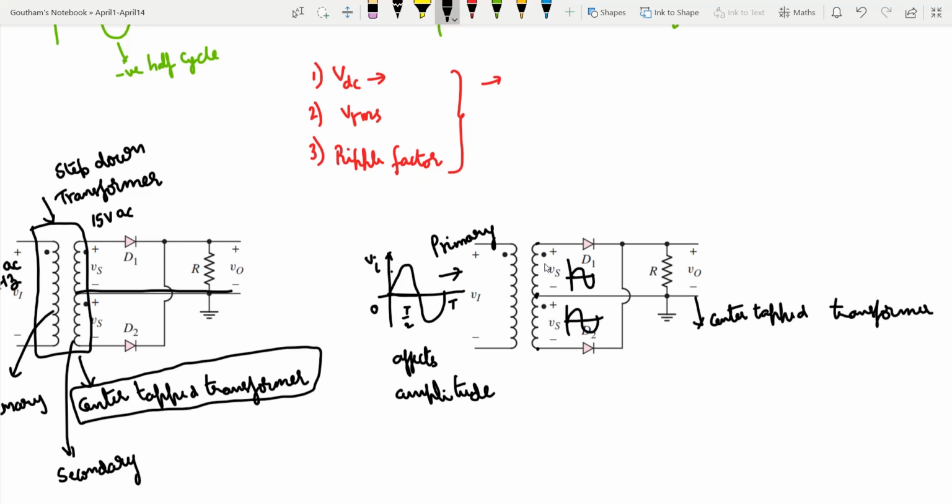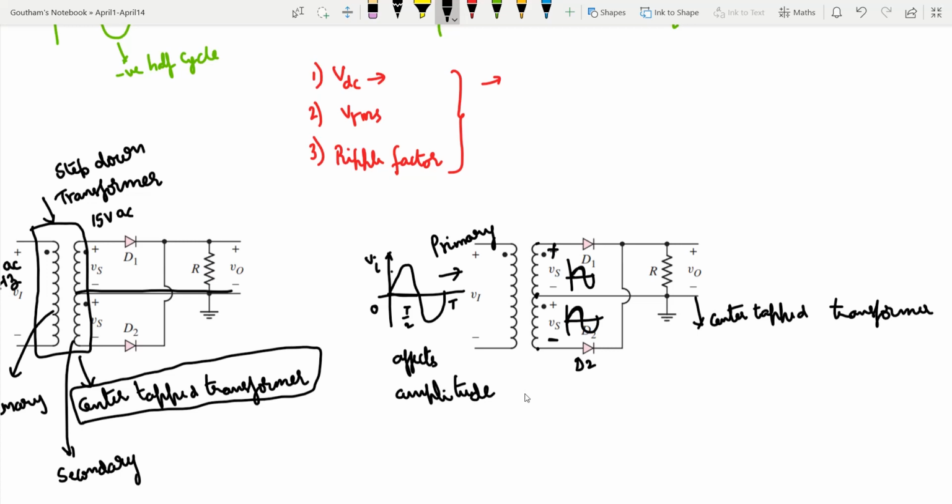That means vs will also be positive here, and this vs will also be positive. But you have to be very careful here, because at the bottom the negative terminal of vs is connected to diode d2, whereas at the top the positive terminal of vs is connected to diode d1.